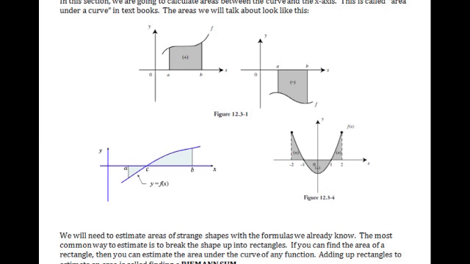Now, also in this section, we are going to calculate areas between curves and the x-axis, and the thing they call that in a book is the area under a curve. So it might not necessarily be what looks like an under, but it's the area between the curve that you're given and the x-axis. Here's some examples. From this curve f to the x-axis, from a to b, it's above the axes, it'll be some positive area.